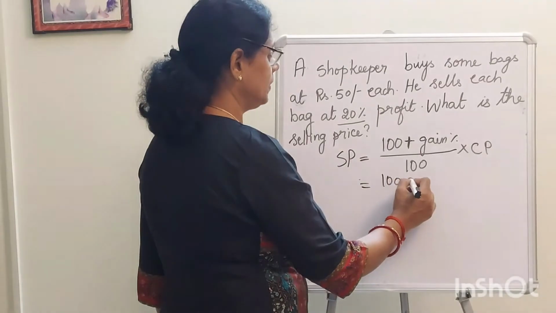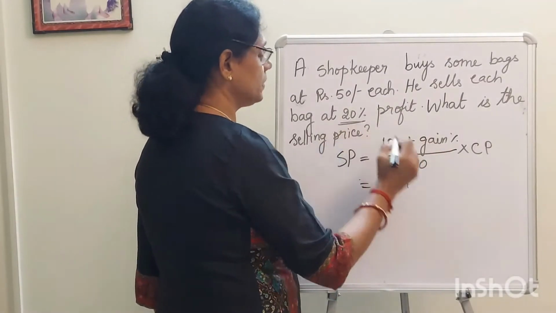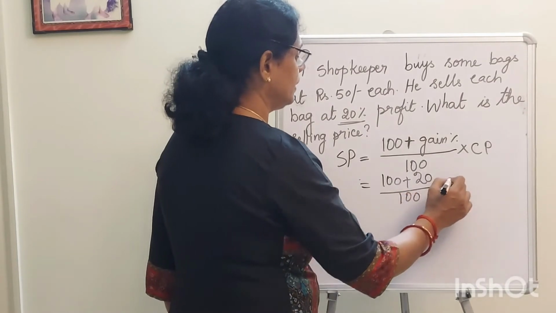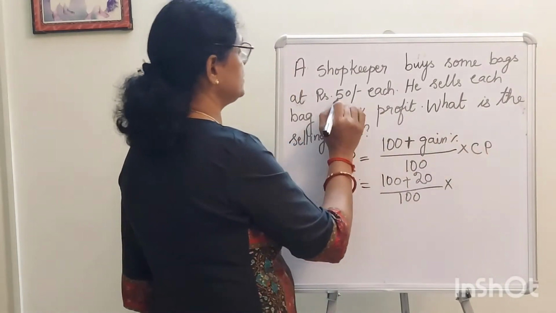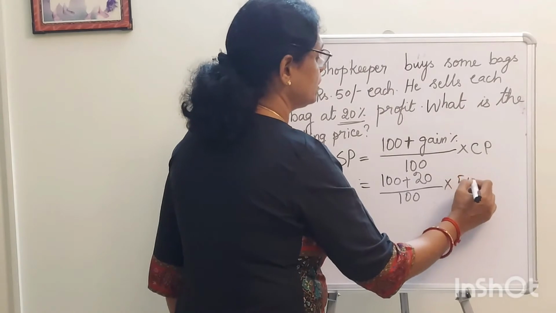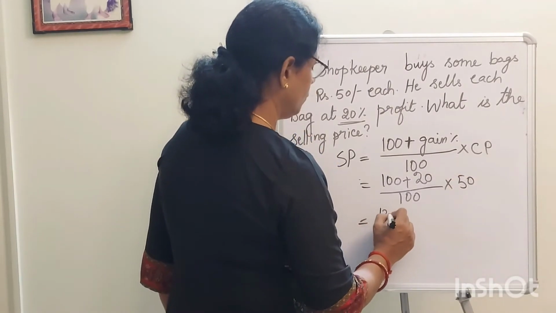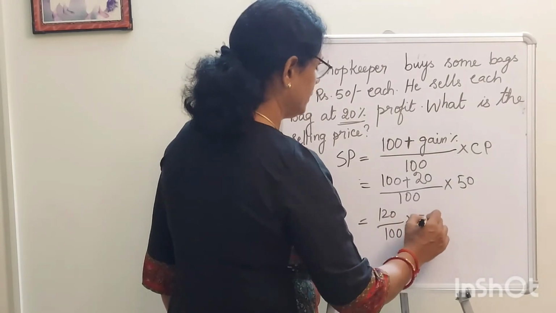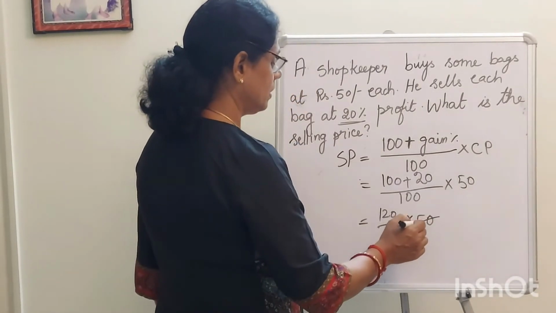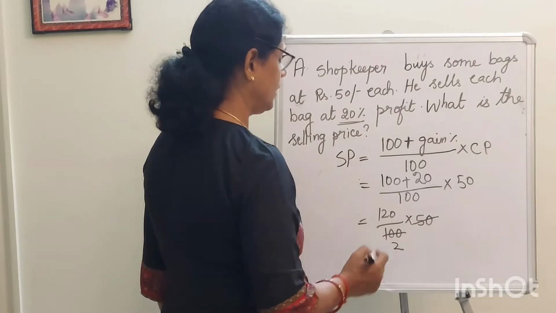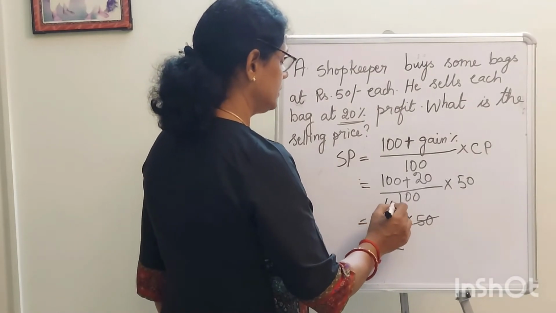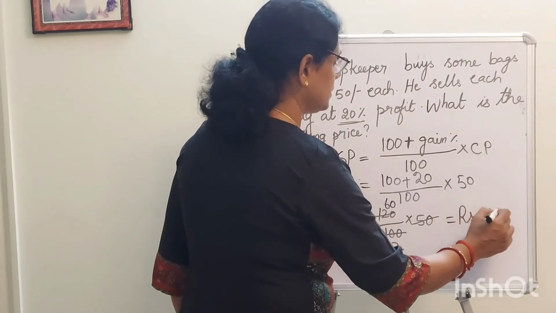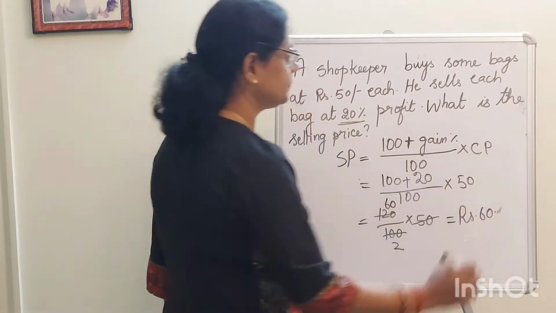It is 100 plus what is the gain percent? It is 20%. 20 by 100 into what is the cost price? It is 50 rupees, which is equal to 120 by 100 into 50, is equal to 60. So rupees 60 is the selling price.